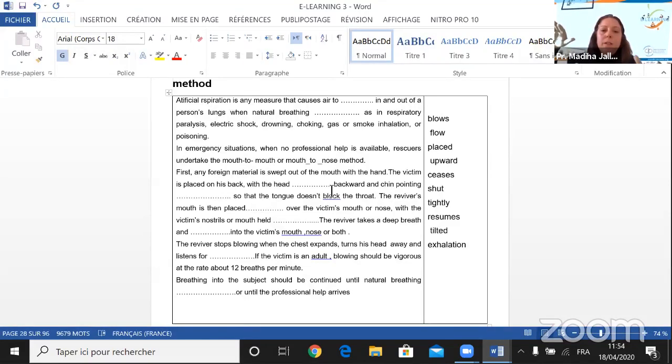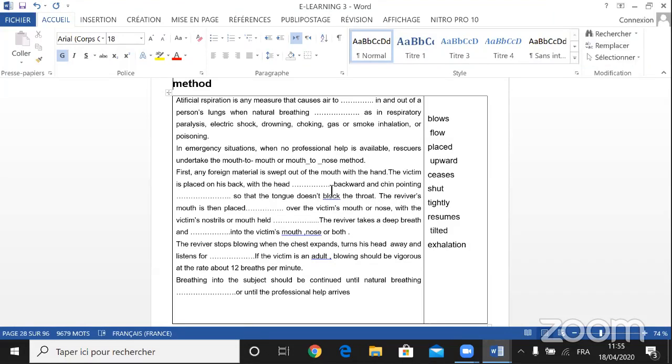And to give more details, to show the position of the head, the chin is pointing upward. So the head is tilted, and how is it tilted? It's not tilted downward, you can't tilt the head downward. The head is tilted backward, with the chin, of course, upward, so that the tongue doesn't block the throat.